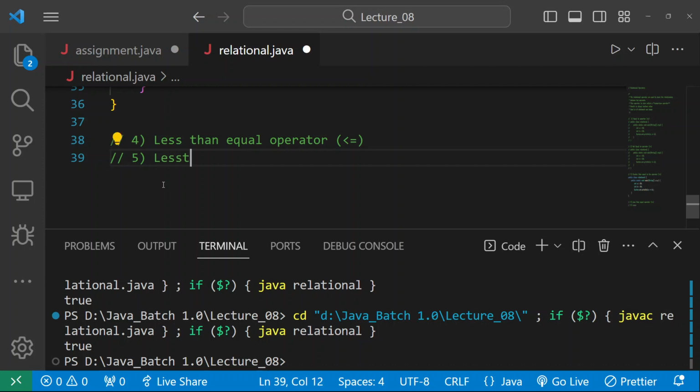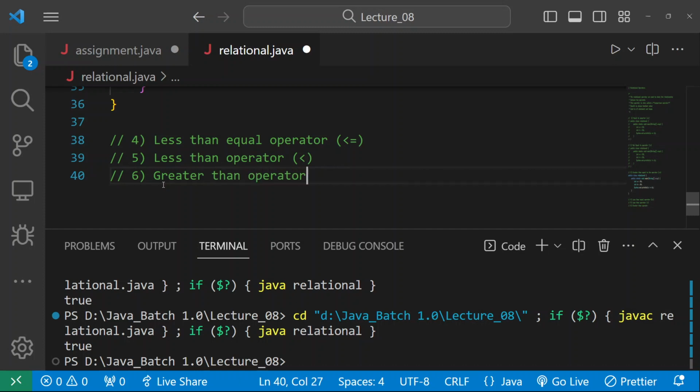If you don't want to deal with the equal to condition, just use the less than operator, no need to worry. Same way for the greater than operator. Now I hope the relational operators are clear to all and you will try these examples.